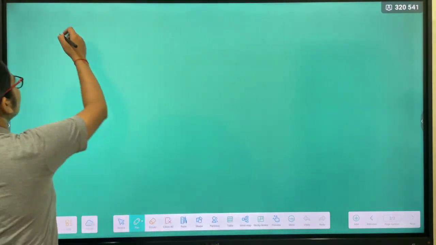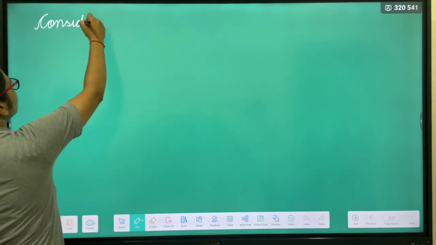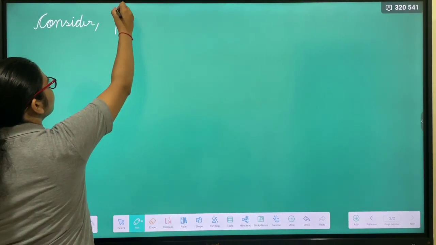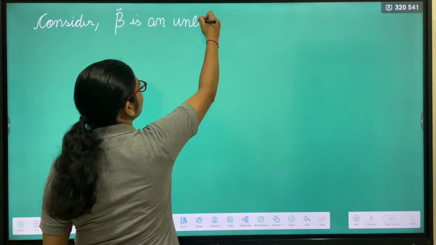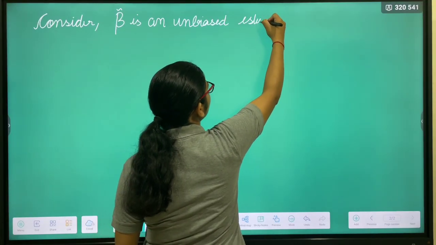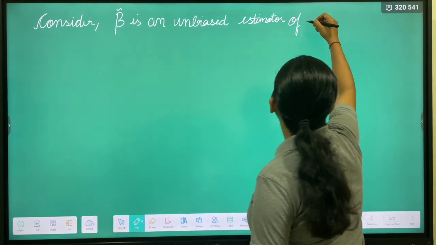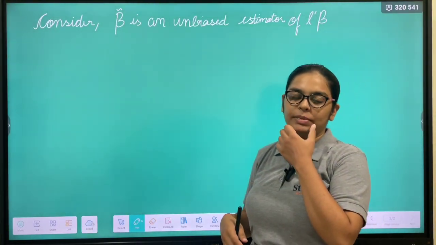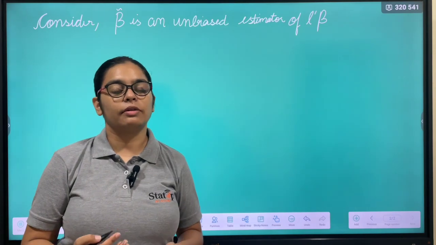Then we can say that, consider beta curl is an unbiased estimator of L'beta. If we would have taken only beta here, then the estimator would have been the same. There would have been no change.